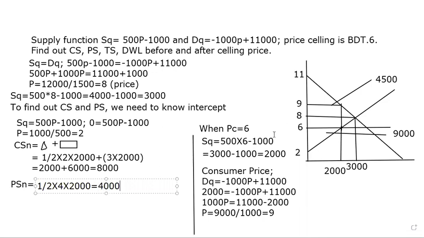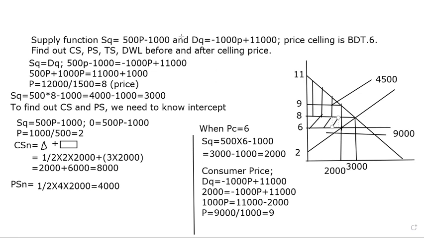So producer surplus is all in this area. Initial was there. Right now, this area is also under producer surplus, because this person is losing this money. He cannot charge taka 8.